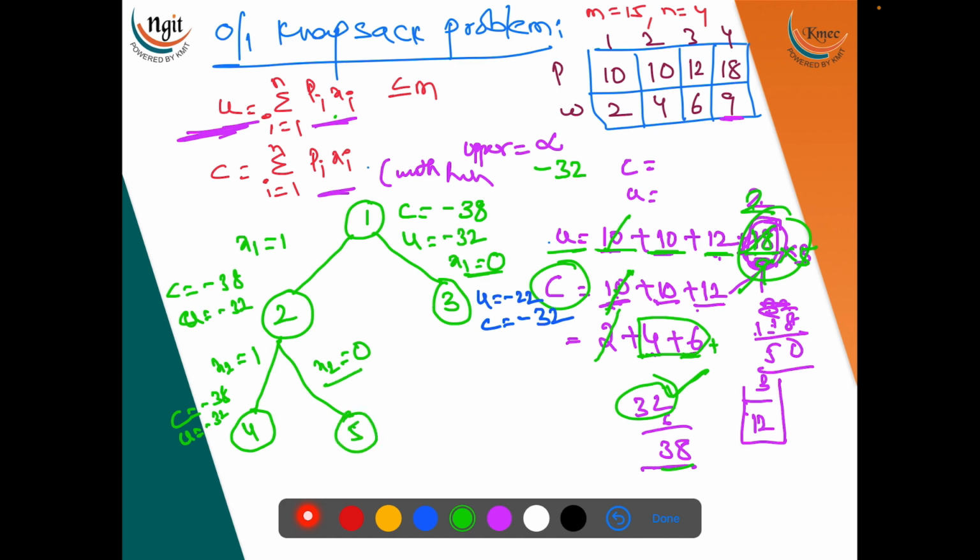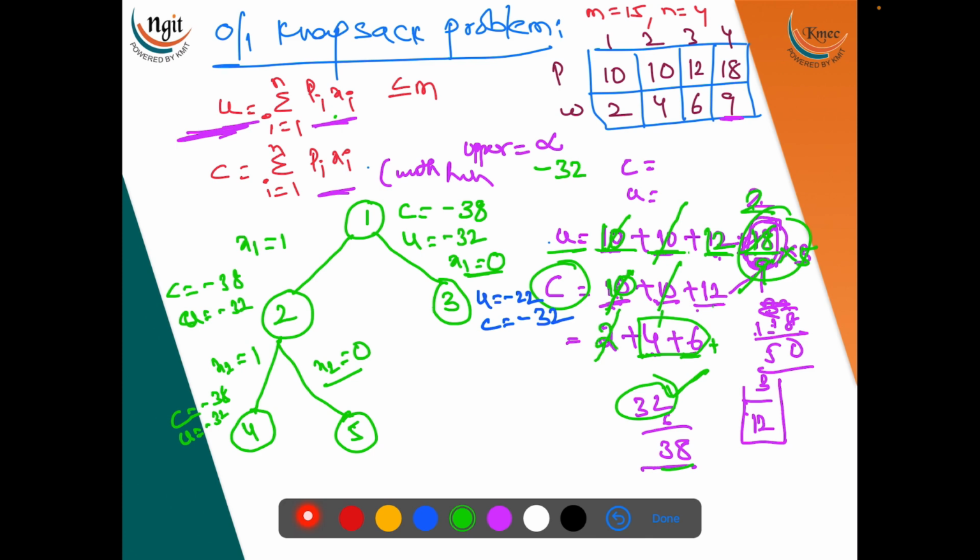So x2 is 0. x2 is 0 means this 10 will get out of the picture. That means this 10, this 12 will be there. 10 plus 12 is what? 22. Now, how much weight can I still keep inside of the bag?